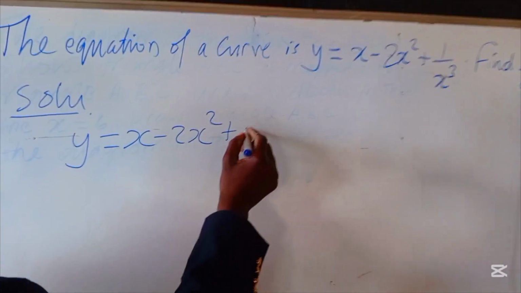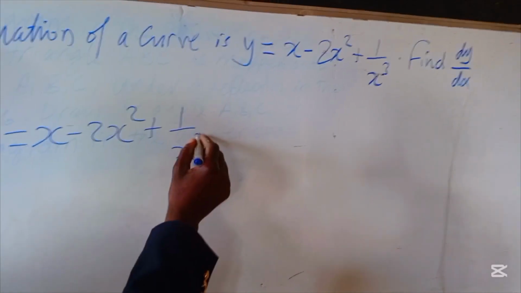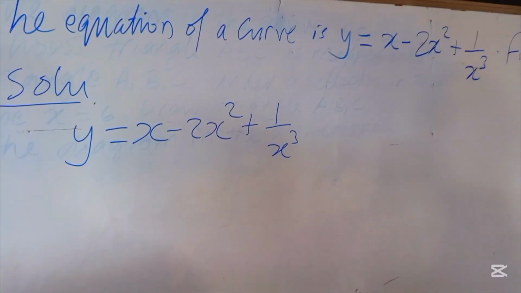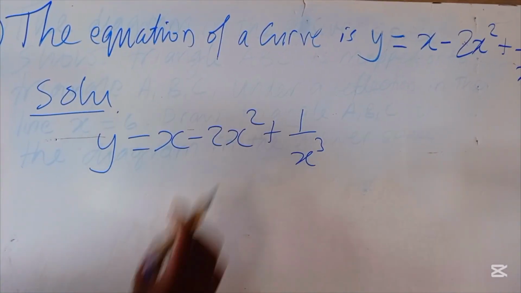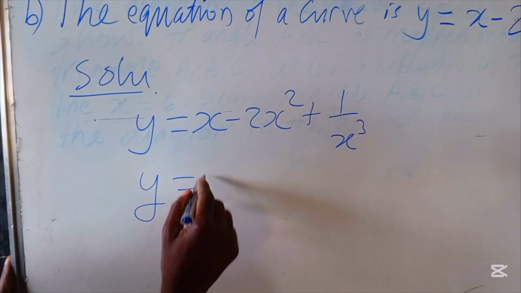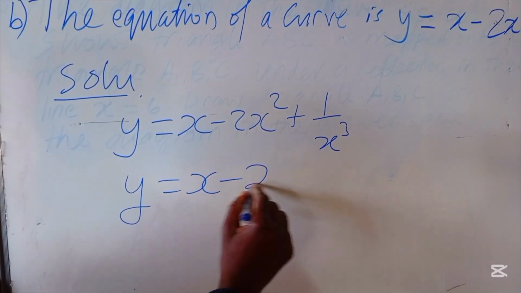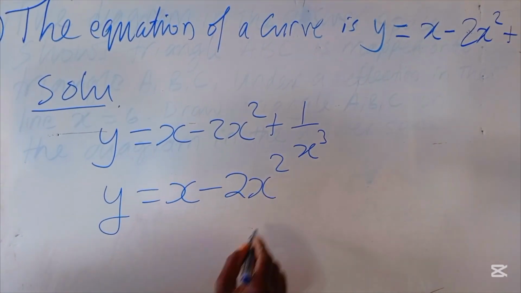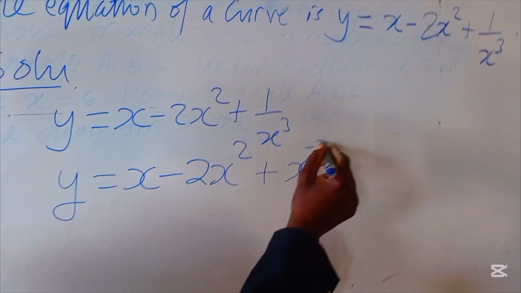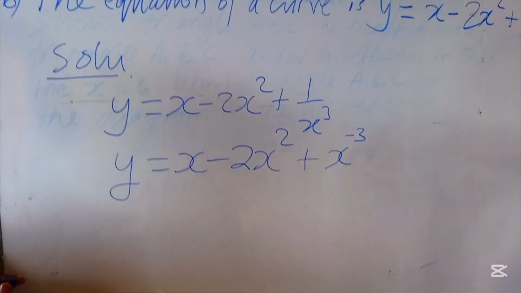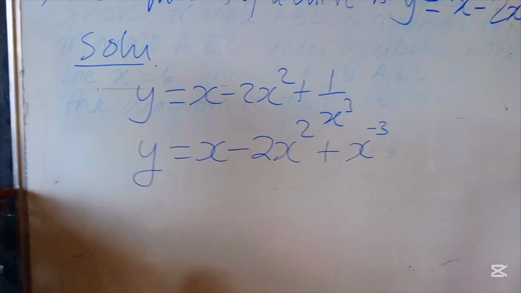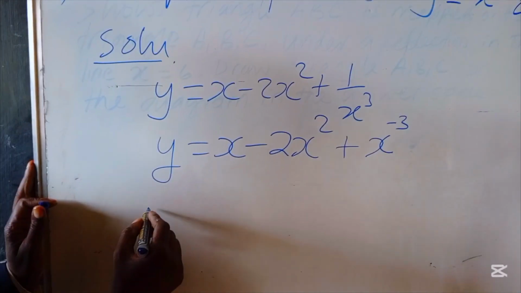Before we find dy/dx, I should make the last part linear so that it becomes y equals x minus 2x to the power 2, plus, as this x goes up it carries the negative, x to the power negative 3. From there I can find dy/dx.